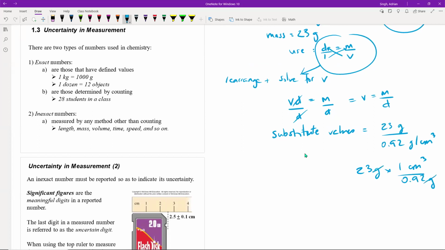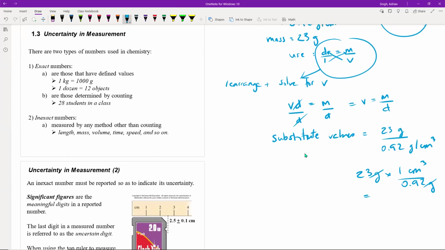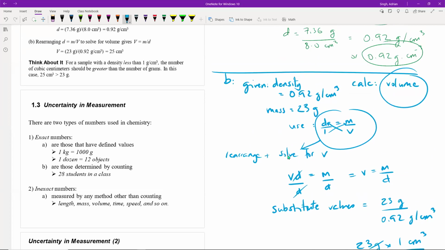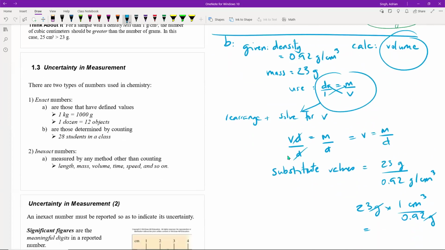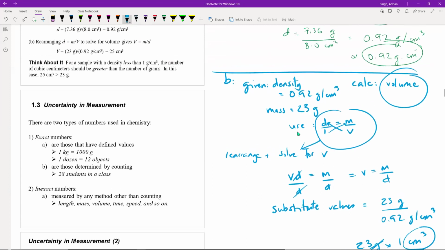The grams are going to cancel. We end up dividing 23 by 0.92, and we end up with 25 cubic centimeters as the volume. You notice here that the grams cancel away. The only unit I'm left with is the unit of volume, cubic centimeters. So the answer makes sense, both in terms of the number and in terms of the unit. So we should be able to take a simple equation like this, rearrange it, and solve for any of the unknowns.